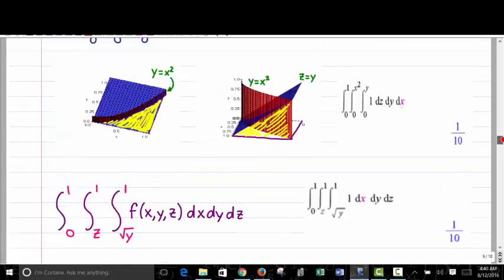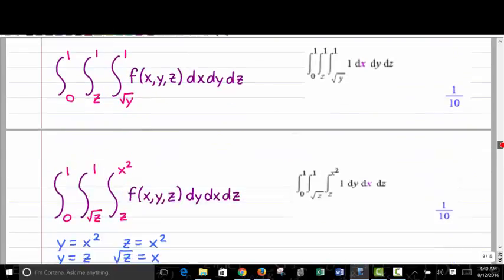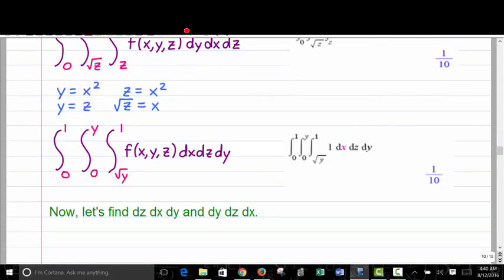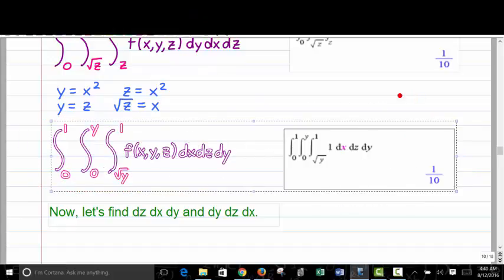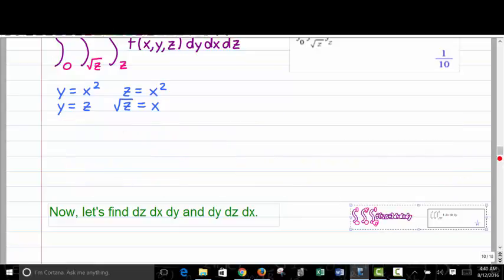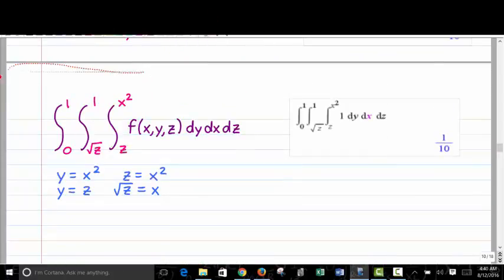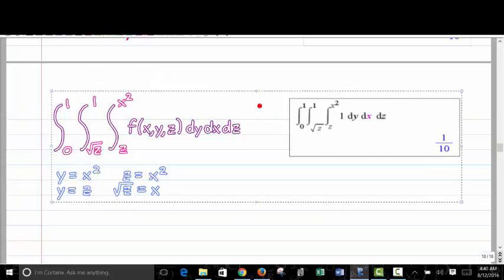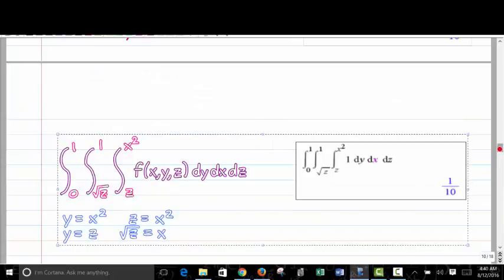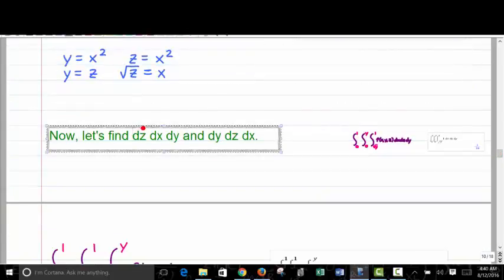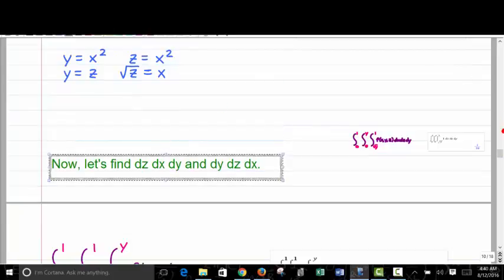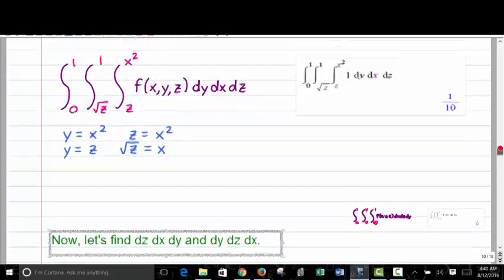Trying to make it not too confusing. Yeah, let me do that. I'll just shrink it down. Bring this one down, and we'll bring that other one up, and then we'll do that one now.